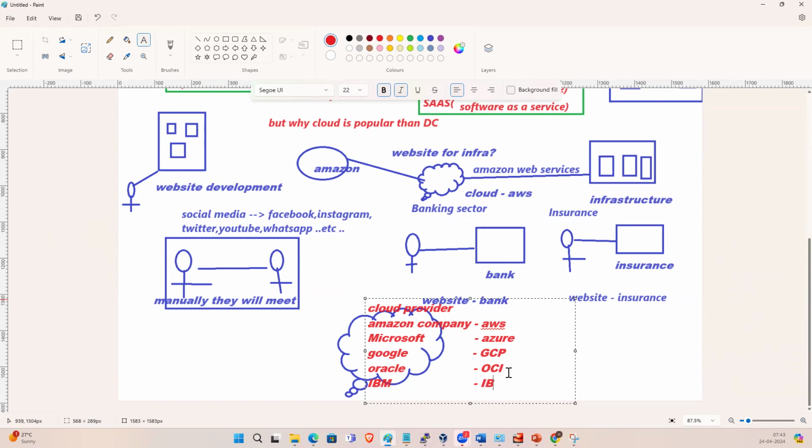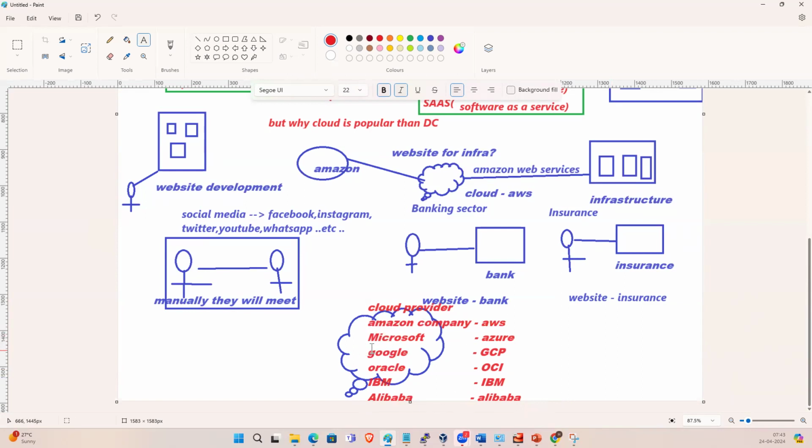Alibaba is a China cloud, guys. The Alibaba company also provided Alibaba Cloud. So these are the cloud providers. Guys understood? These are all the cloud providers.